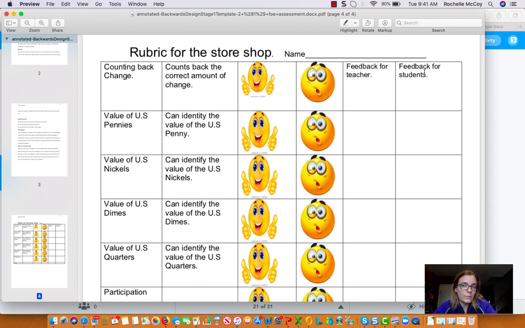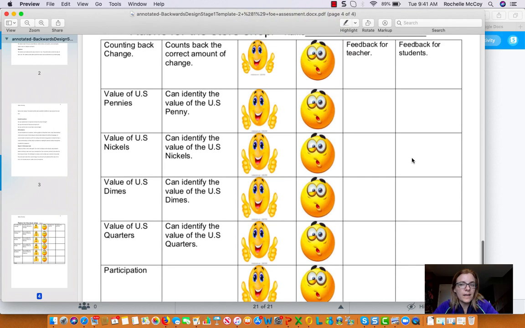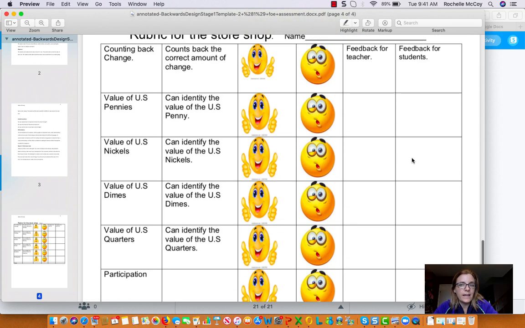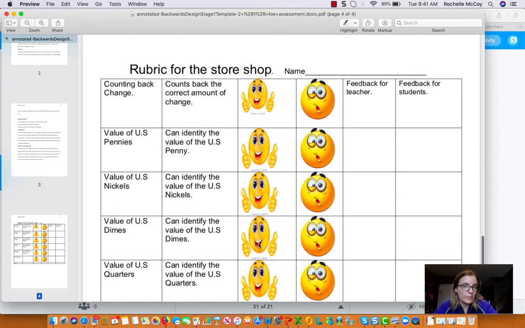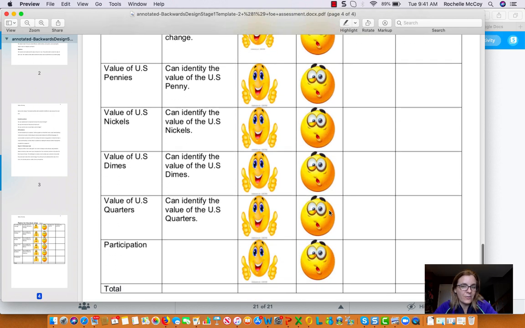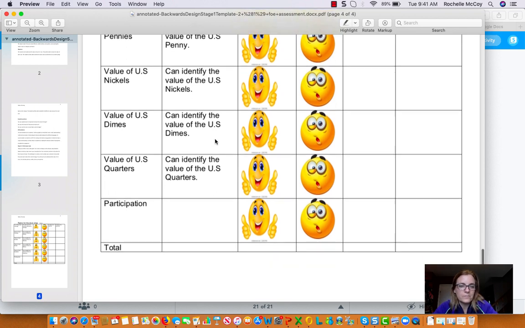You could also do partner feedback here. Maybe have a partner give feedback. Maybe they're in groups of two or three. So you could have some fun with that as well. And then there's the total. So I'm guessing that it would just be the count up of how many smiley faces, the count up of how many whoops faces, and then you could figure out the percentage from there.